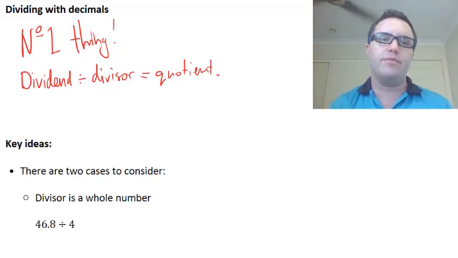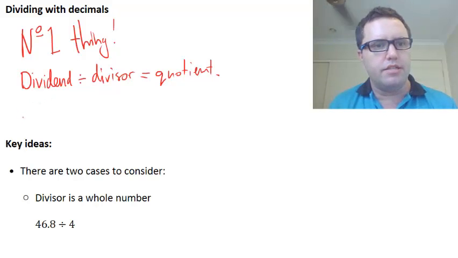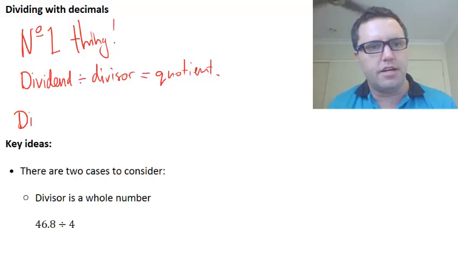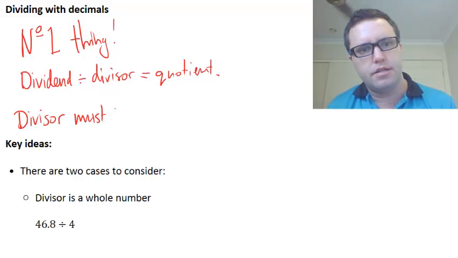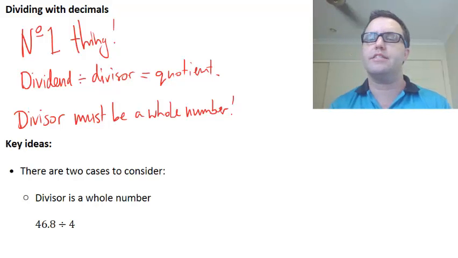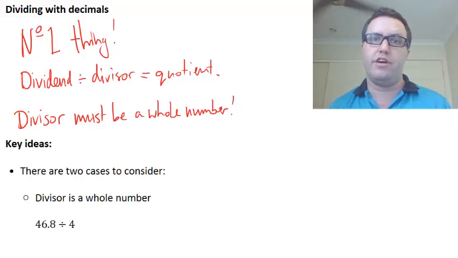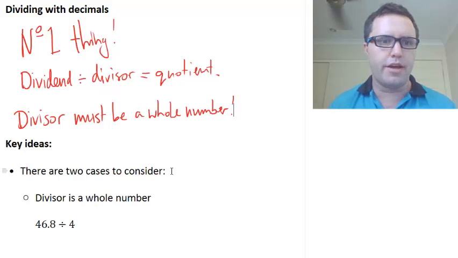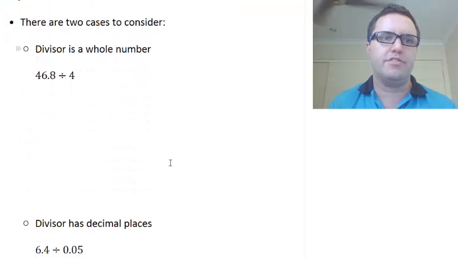Dividing with decimals is only a big issue in that our divisor must be a whole number, to make life very easy for us and to be able to just apply the division algorithm as normal. There's a couple of cases for us to consider.